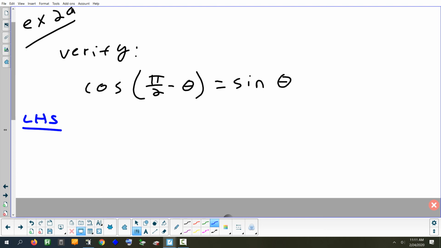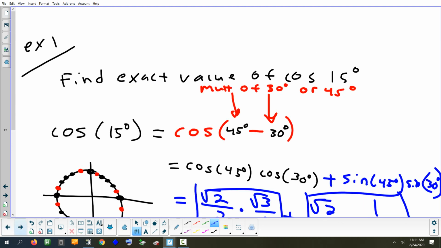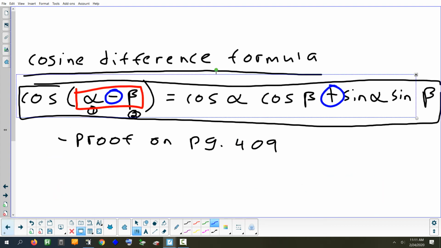Now, look at what we've got. It's a cosine difference. It's this formula right here, where the first one is pi over 2, and the second one is theta. So everywhere you have an alpha, put pi over 2.